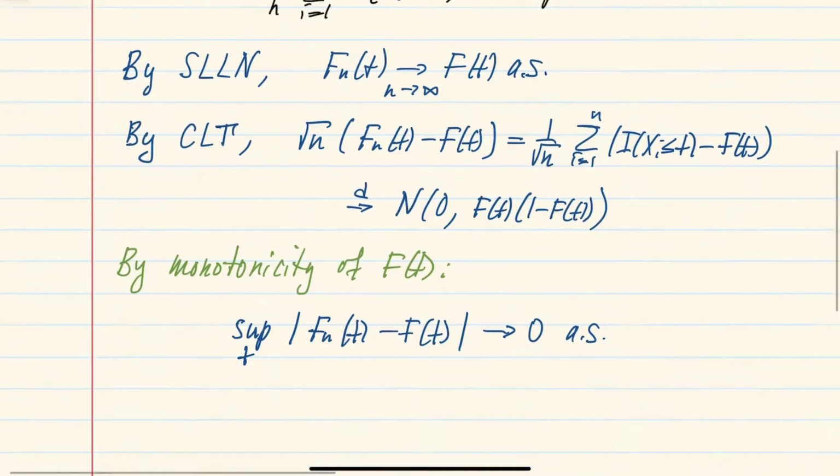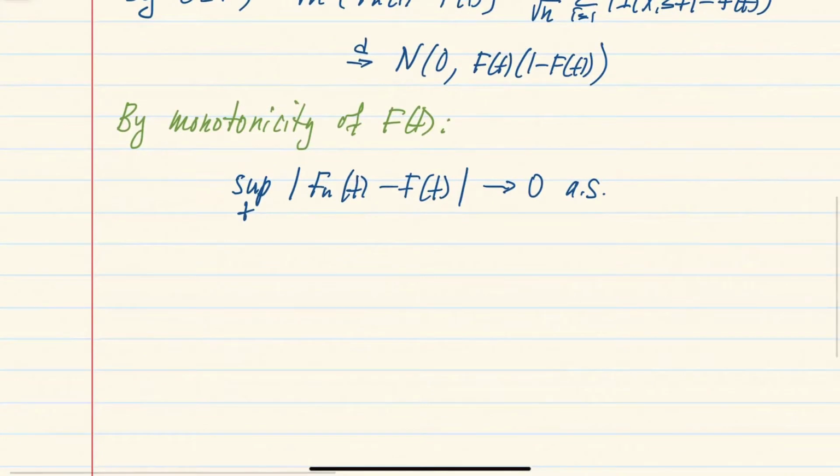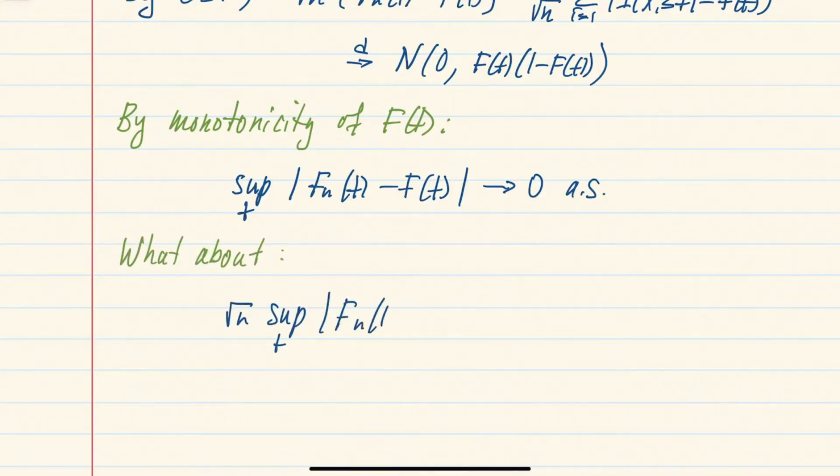And then we can ask, what can we say about the supremum on the scale 1 over square root of n? So just like in the central limit theorem, what if we multiply it by square root of n? Does this converge when n goes to infinity in distribution to something?